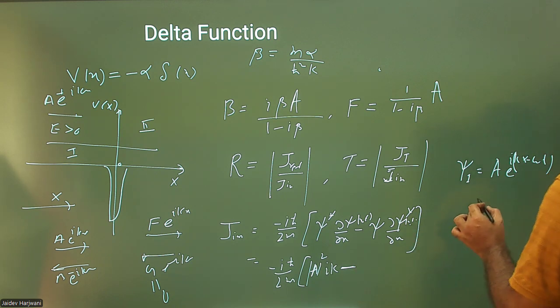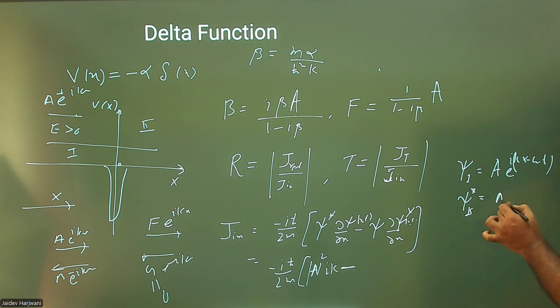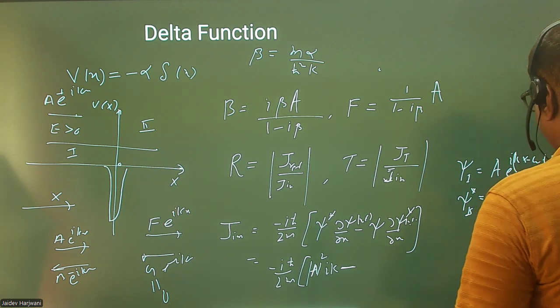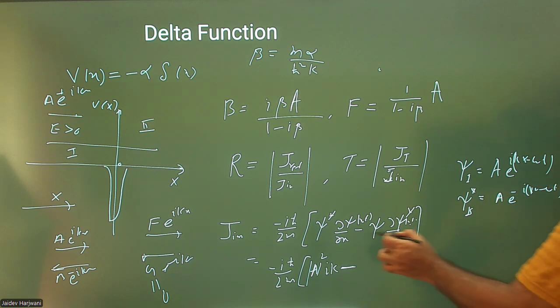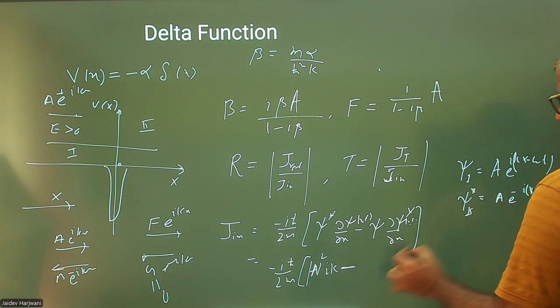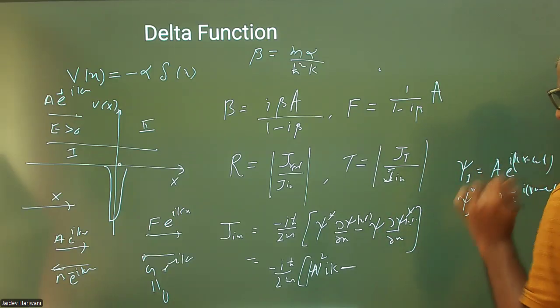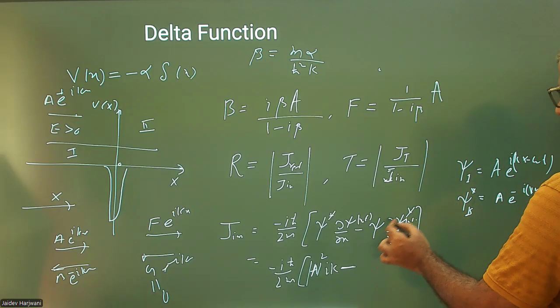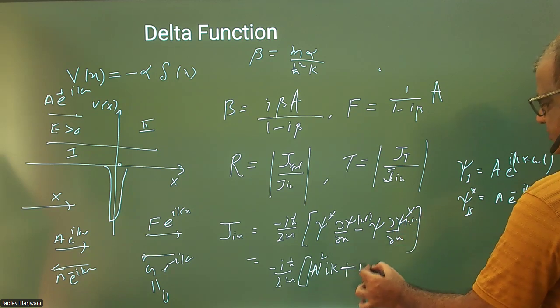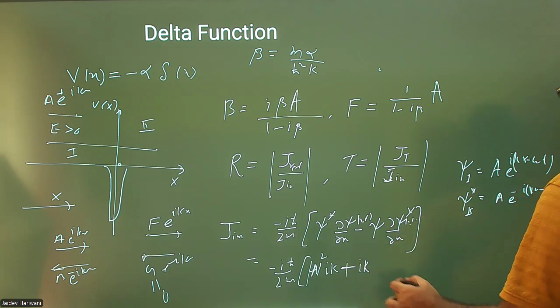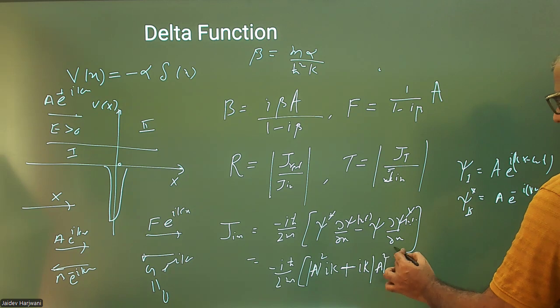Now psi star, this is psi 1 and psi 1 star. Psi 1 star is what? Psi 1 star is a e power minus iota kx minus omega t. So again, if I differentiate this one, I'll get minus iota k, so minus minus, this psi will be there, and this will be minus minus plus, so iota k, and again mod of a square.